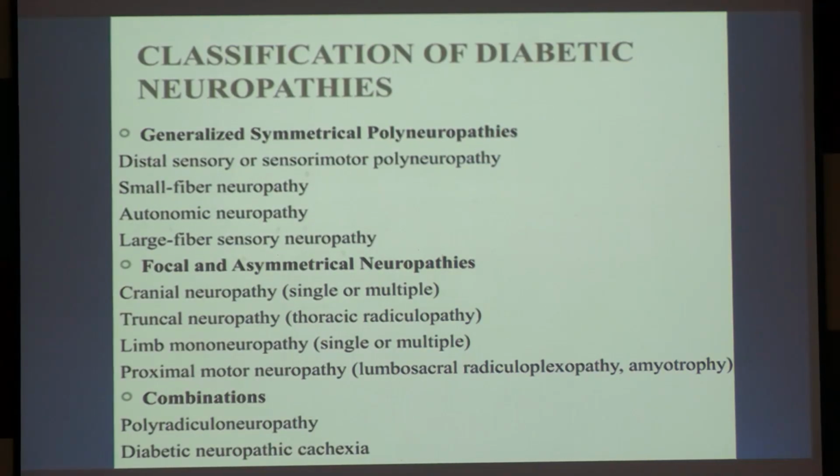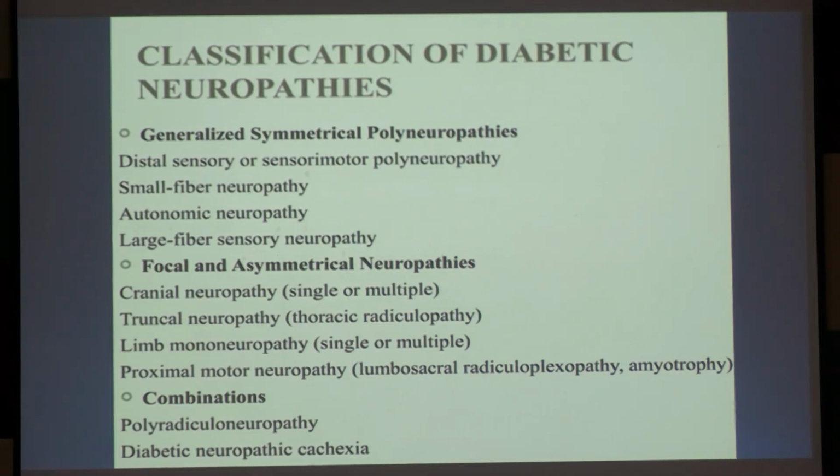Okay, so generalized symmetric polyneuropathy is subdivided into acute sensory neuropathy, chronic sensory motor polyneuropathy, small fiber neuropathy, autonomic neuropathy, and lastly large fiber neuropathy.